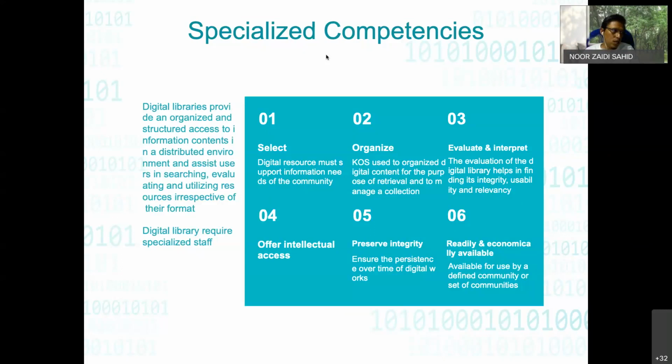In our case, kita gunakan metadata system. We use a metadata system, and nowadays kita gunakan juga yang dipanggil sebagai corporate taxonomy, a knowledge taxonomy. Knowledge taxonomy. So itu yang digunakan untuk menyusun maklumat di dalam website.